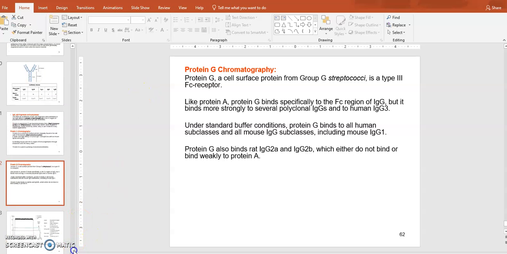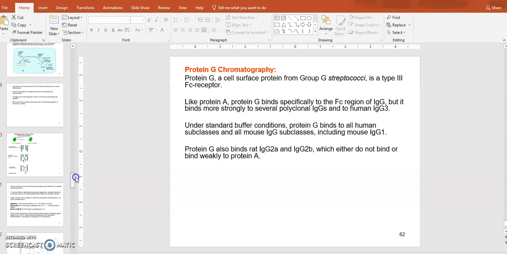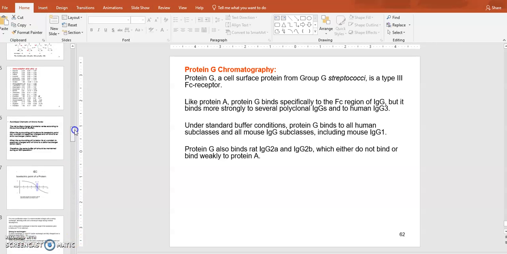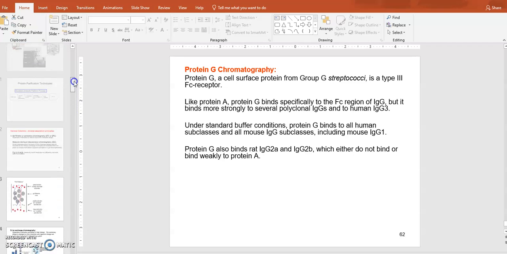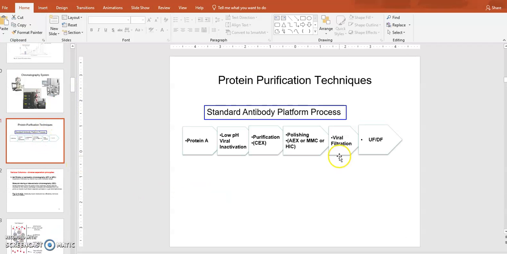So you probably remember the downstream purification platform I showed you in the beginning. Let's go back. Right here, see, protein A chromatography at the beginning, and then cation, anion. So protein A is used first because what? It can remove a whole bunch of proteins that you don't want. It can fish out only the protein you want.